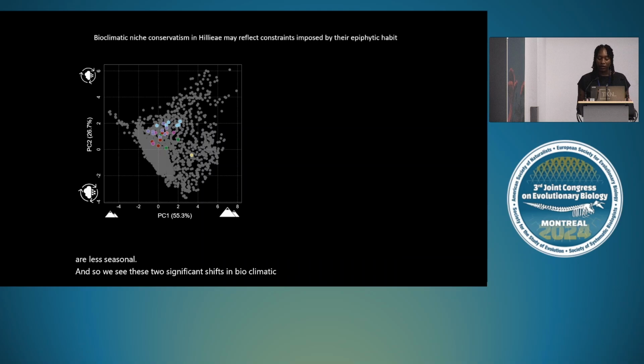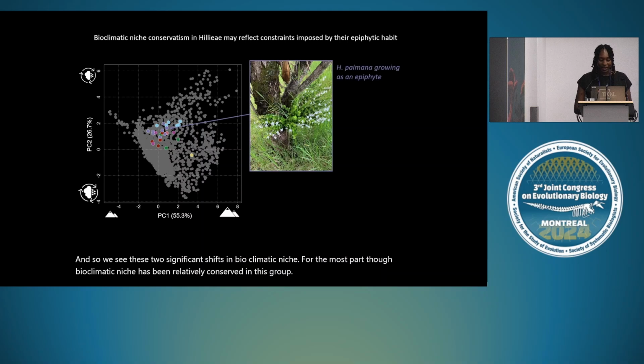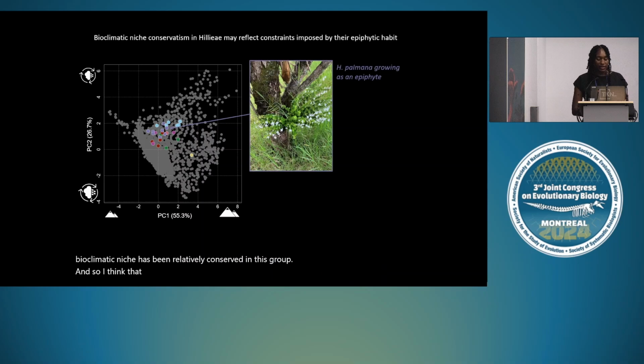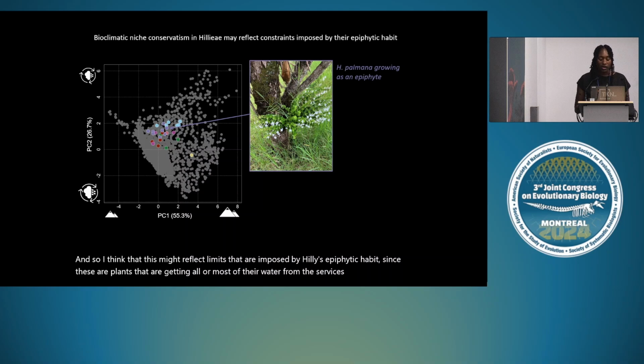For the most part, though, bioclimatic niche has been relatively conserved in this group. And I think that this might reflect limits that are imposed by Hylia's epiphytic habit. Since these are plants that are getting all or most of their water from the surfaces that they grow on, they probably need to be in environments that receive a lot of consistent rainfall.